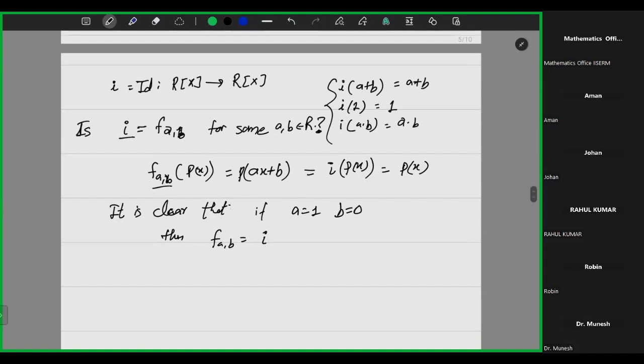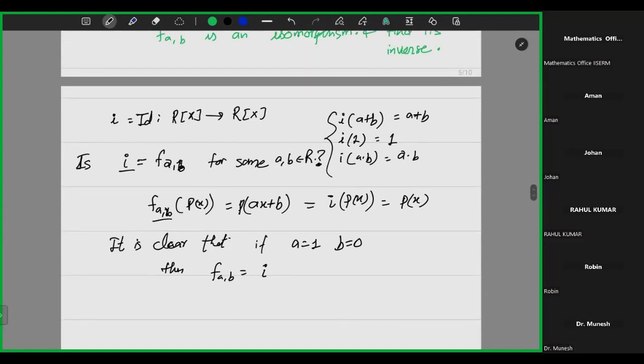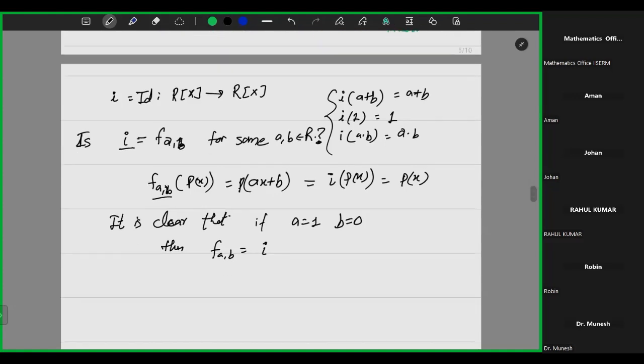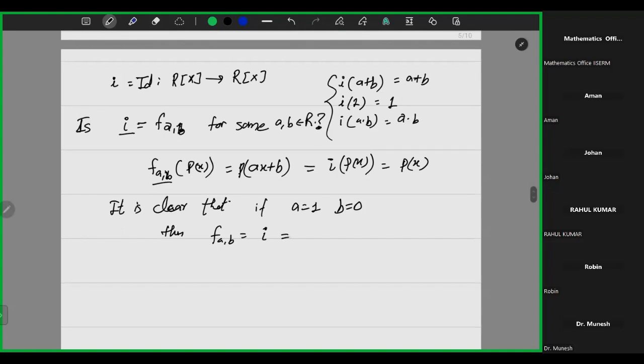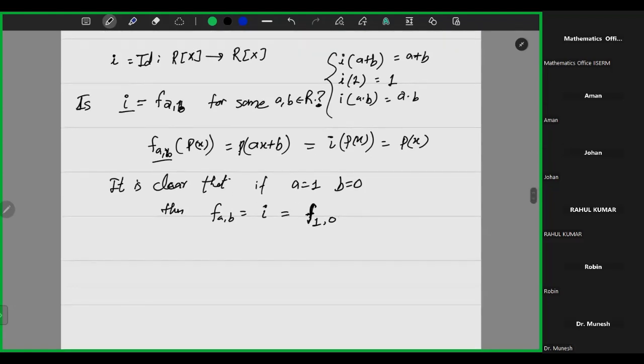Okay, so we have an identity ring homomorphism from R[x] to R[x], which is of this form, f_{1,0}. f_{1,0} is identity, which is an isomorphism, because identity is an isomorphism.